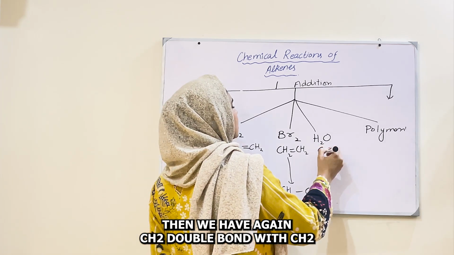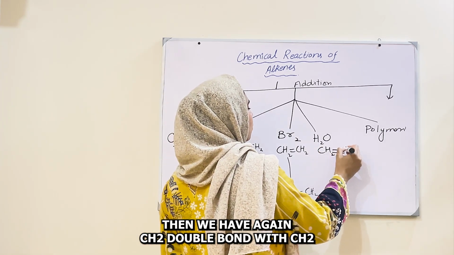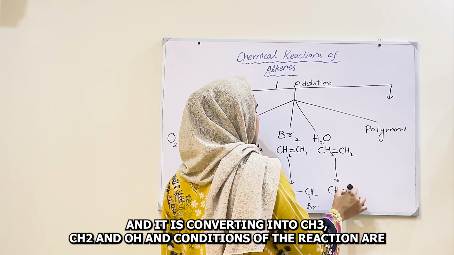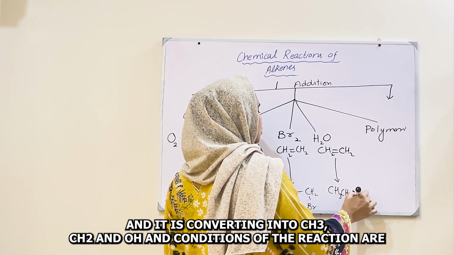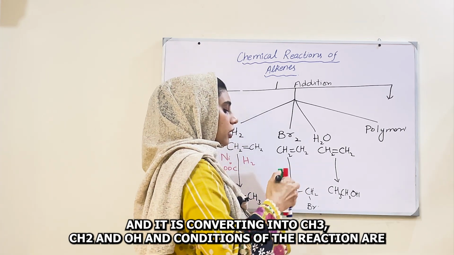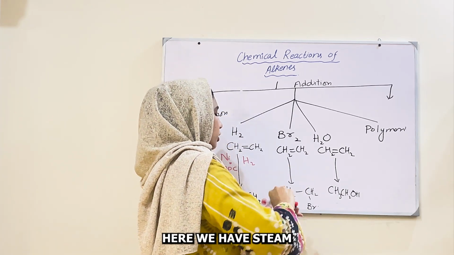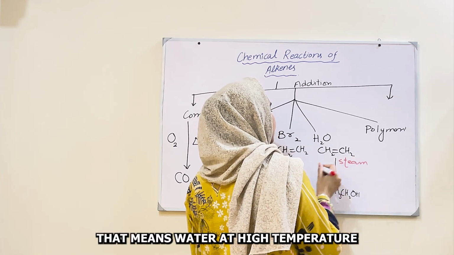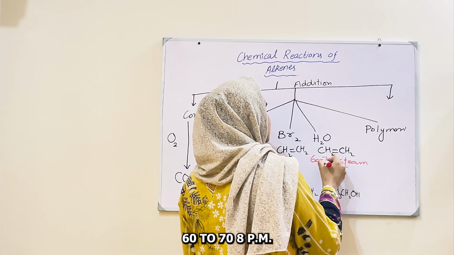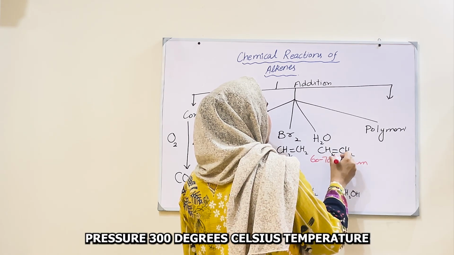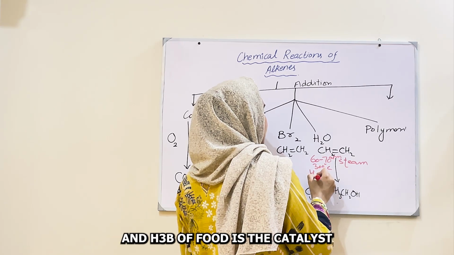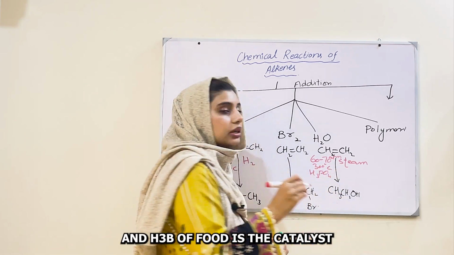Then we have again CH2 double bond with CH2, and it is converting into CH3, CH2 and OH, and the conditions of the reaction are, here we have steam, that means water at high temperature, 60 to 70 atm pressure, 300 degrees Celsius temperature, and H3PO4 is the catalyst.